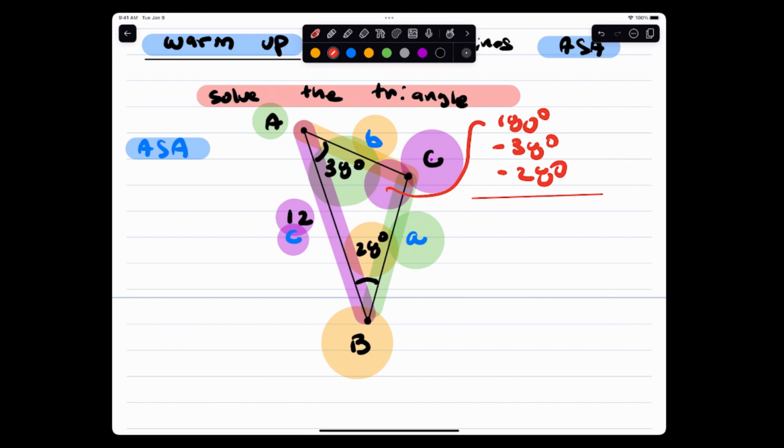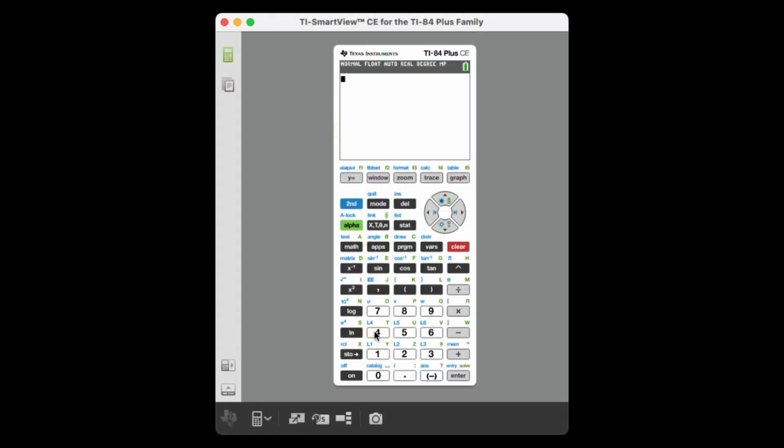What do you end up getting when you do that? Let's get out our calculator. Say good morning, TI. Remember that's always the first thing that you do with this. 180 minus 38 minus 28, and you get 114 degrees.